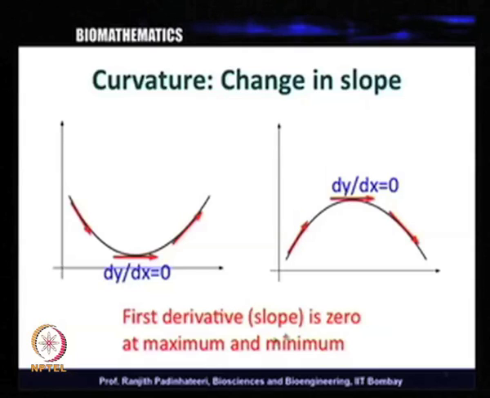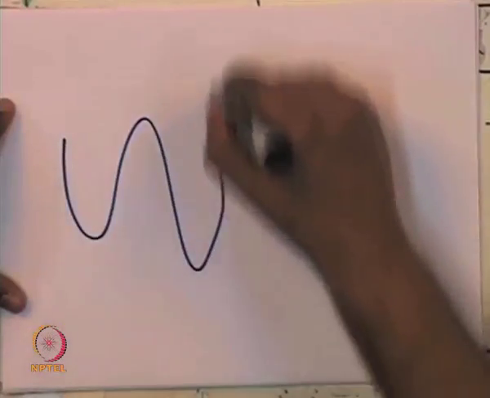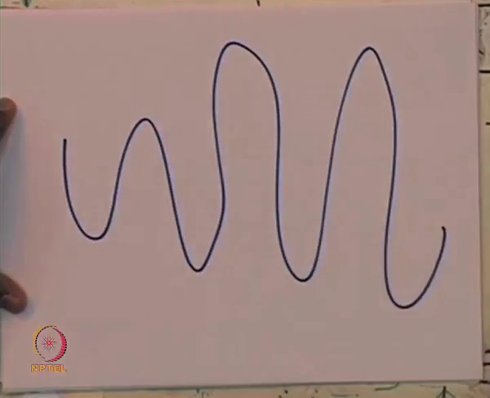So, the first derivative is 0 at maximum and minimum for any curve. If a curve has a local maximum or a minimum, you will see that its derivative is 0. Let us have a look at this implication. Let us say you have a curve which is like this.